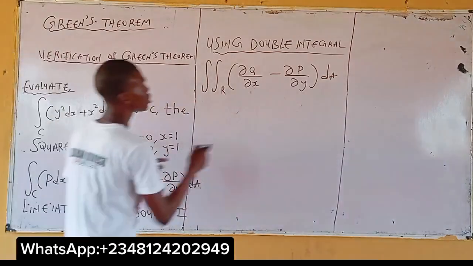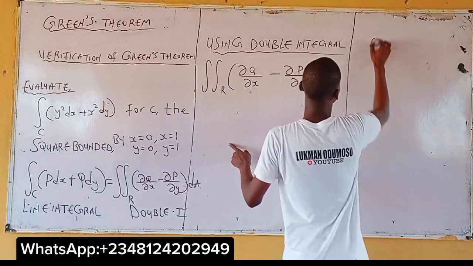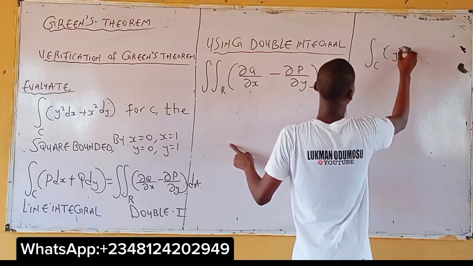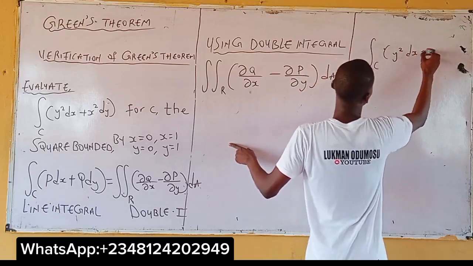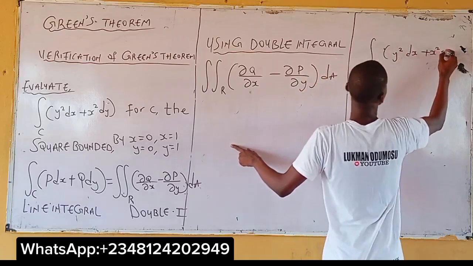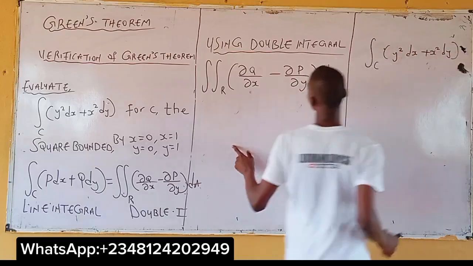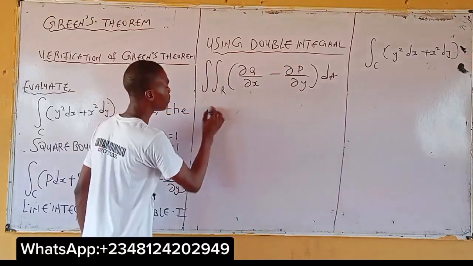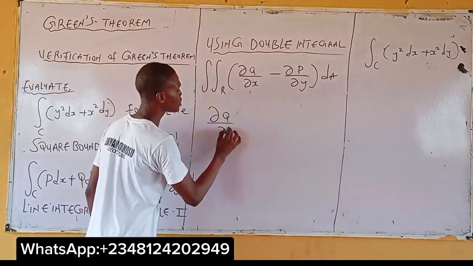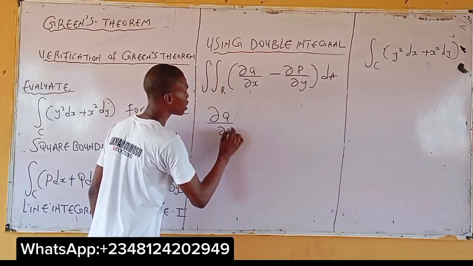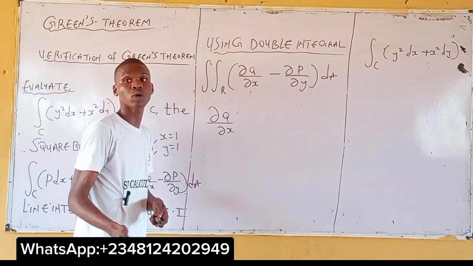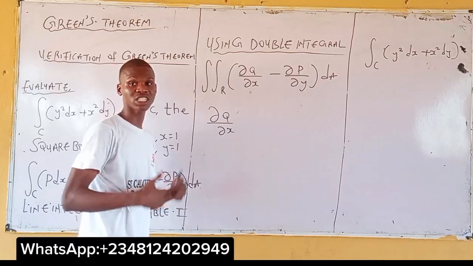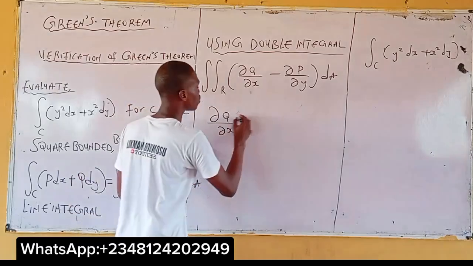We have the integral over C of y squared dx plus x squared dy. Now, identify and get the partial derivative of Q with respect to x. It means that we differentiate the Q function with respect to x, right? We do our partial derivative. So let's say this is a question mark.